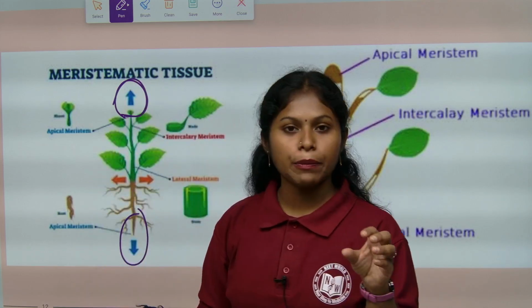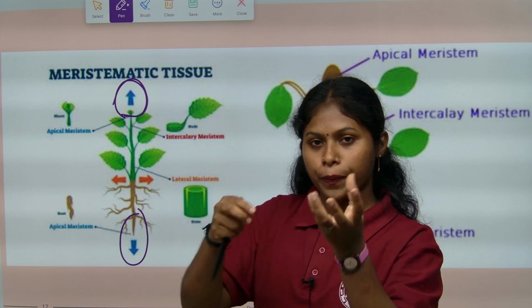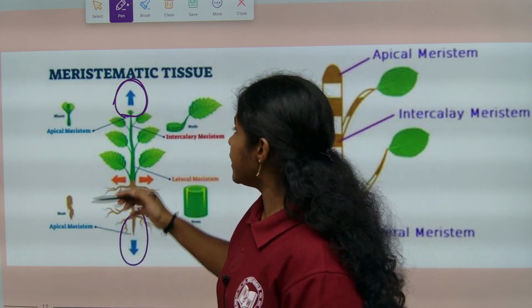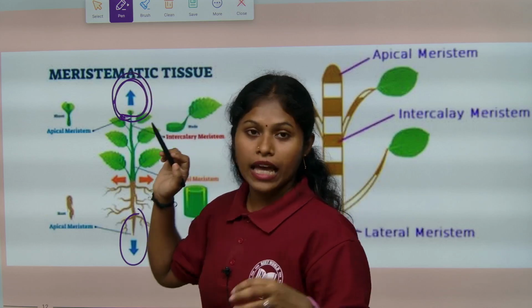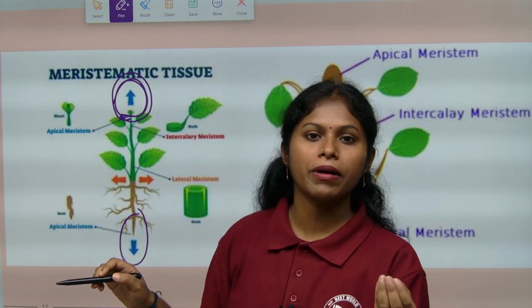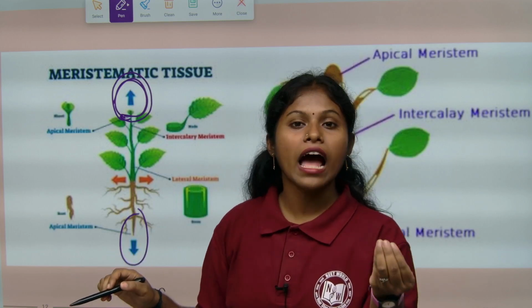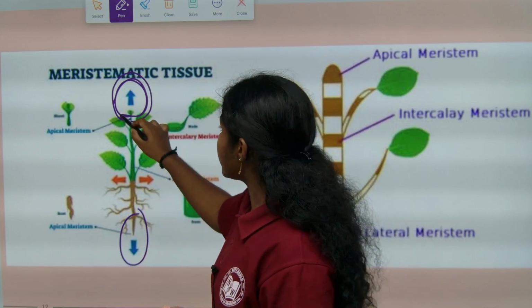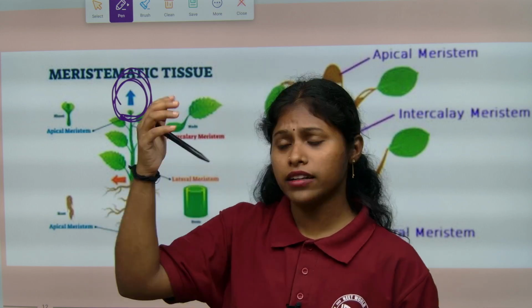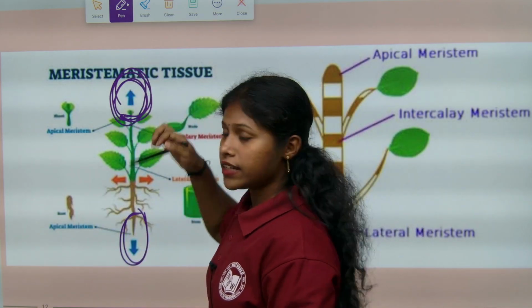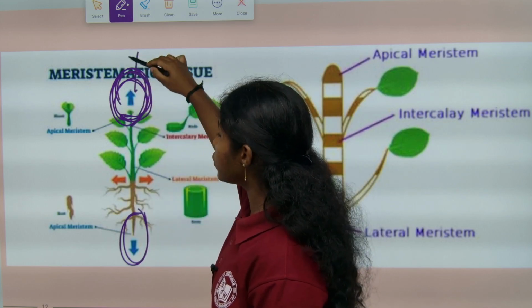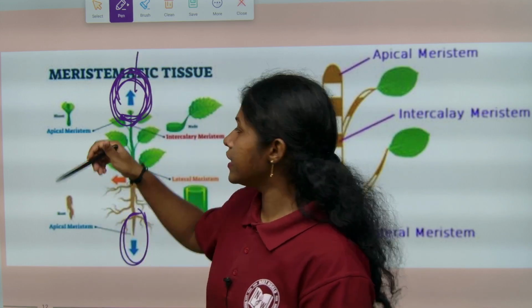That is why when you see the plant, the apex region will always be like opening, because they are actively dividing cells. So the actively dividing cells allow the plant to grow higher, against geotropism, and increase the height.